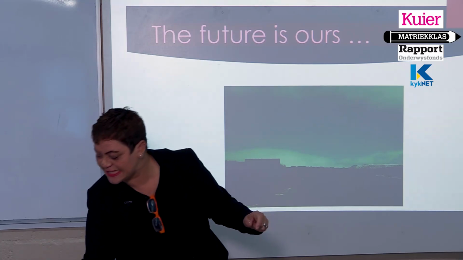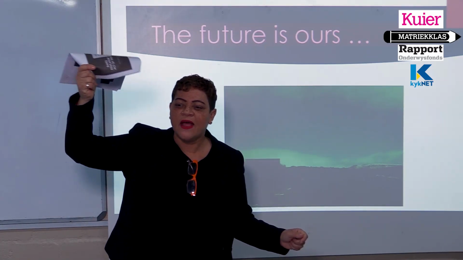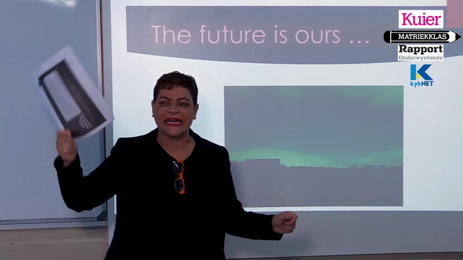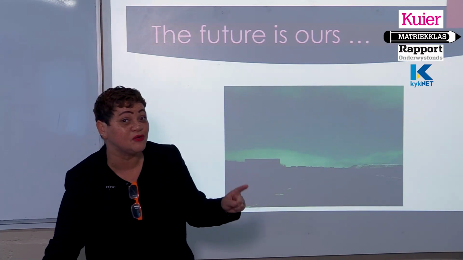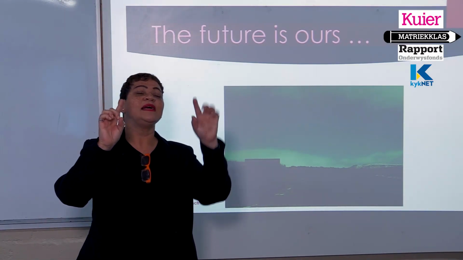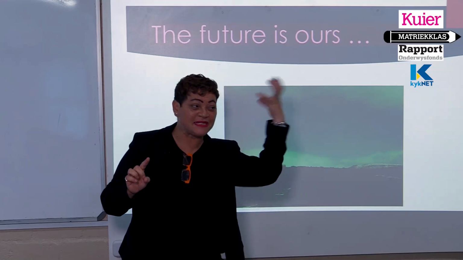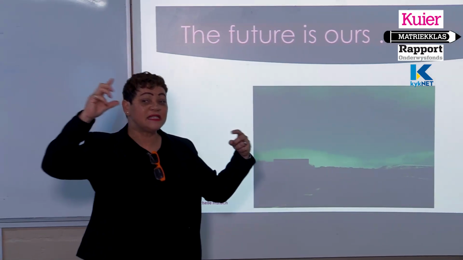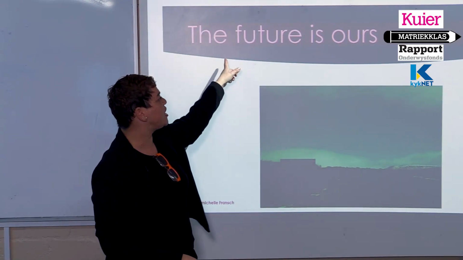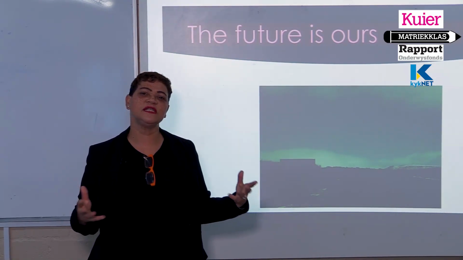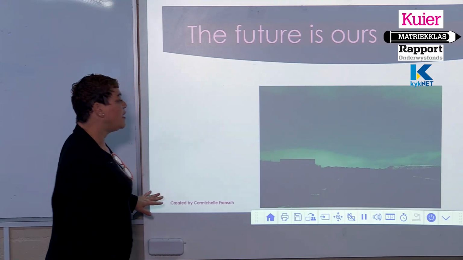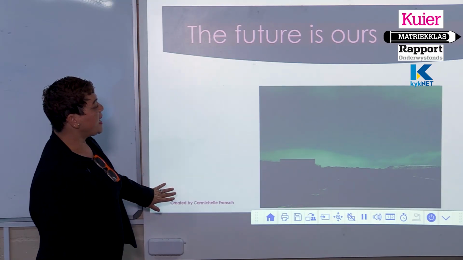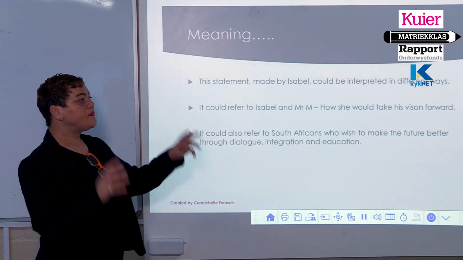And he takes the dictionary and he says, this is what a debate is, and he reads the definition of the debate to them. Now, keep that image in your mind. Mr. M, dictionary, debate, telling them what it is. And at the end of the day, Isabel telling them, I want to be a journalist. And then she goes here. She says, the future is still ours, Mr. M. So they share a common goal.